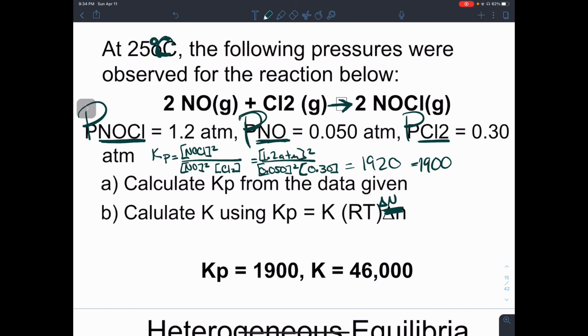Remember, delta is always final minus initial. So delta N is going to be 2 minus 3, which is -1. So since we know the Kp value, R and T are constants, we could easily plug those in. We will have to plug in a -1 for delta N in order to find what the actual KEQ value is.